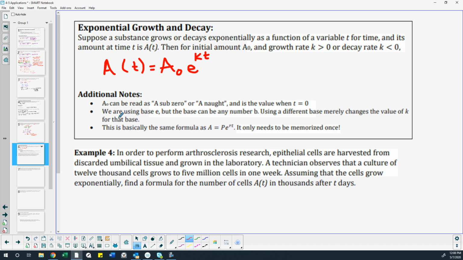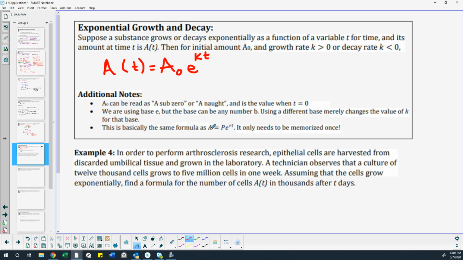We're using base e, but the base can be any number b. Using a different base merely changes the value of k for that base. So k is specifically found for the situation that you're working on, and then you use that k value to solve what you're trying to solve.